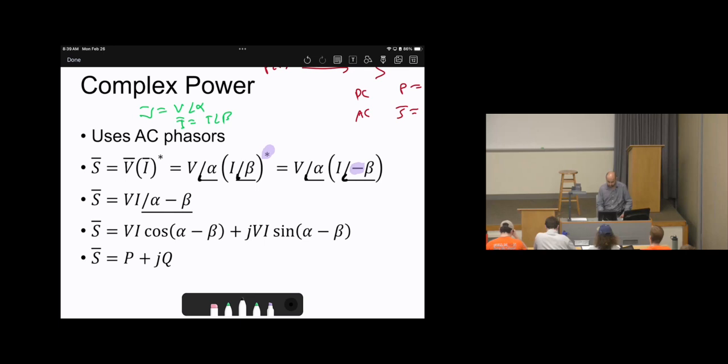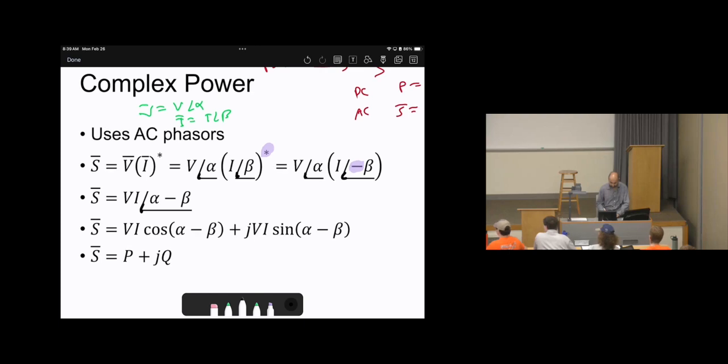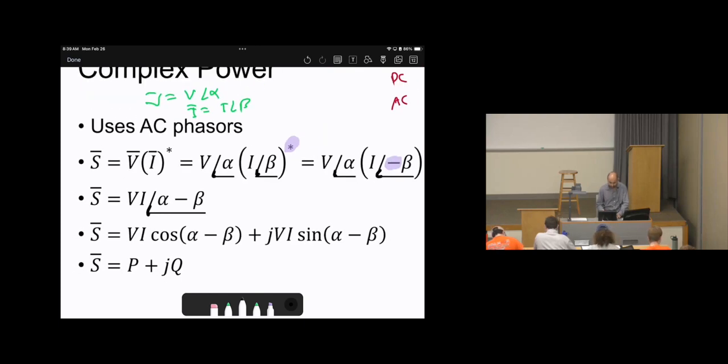Then, according to the procedure, V times I, the product. Then we have alpha minus beta. That's what happens when we do the product for any constant. Okay? Then convert this from polar, which is V times I angle alpha minus beta, to VI cosine alpha minus beta, plus J VI sine alpha minus beta, where we applied the conversion from polar to rectangular coordinates.